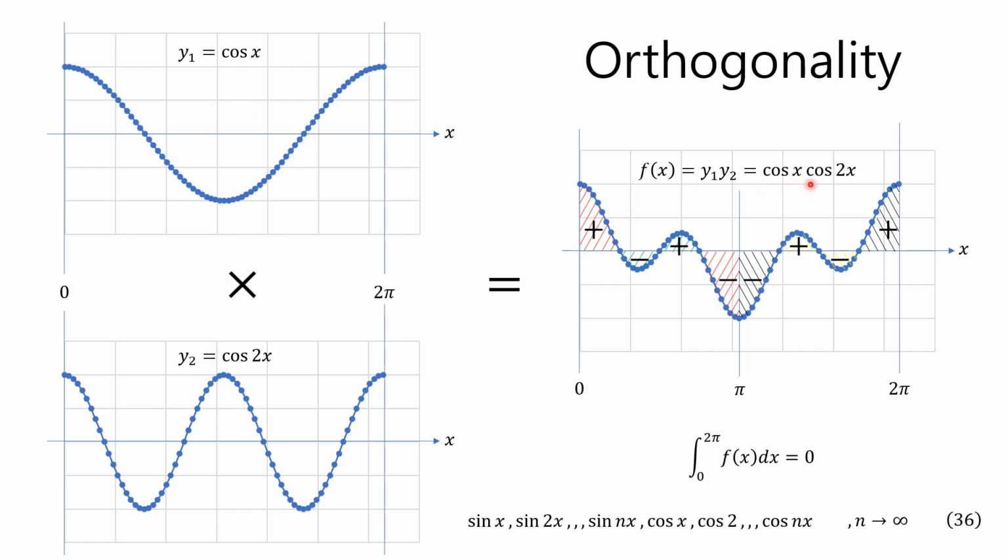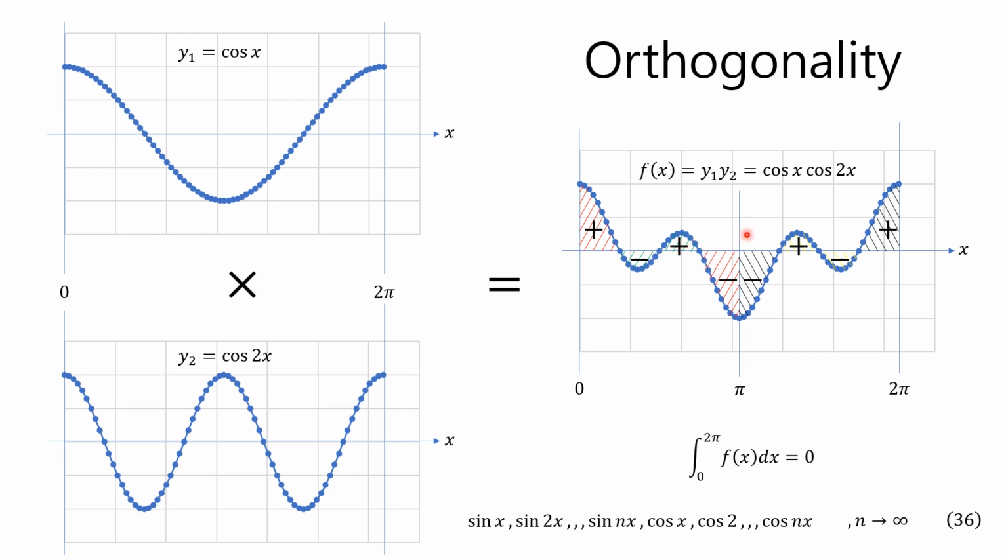If f(x) is graphed, it will look like the figure on the right. This graph is symmetrical about line x equals pi, and as can be intuitively seen, the result of the integration is 0. In the figure, areas with the same color are equal and have opposite signs, so the integration result is 0.